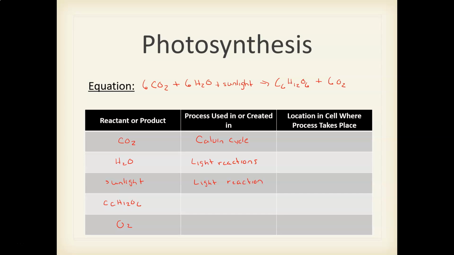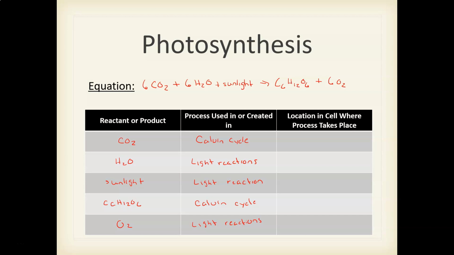And then we have those products, the glucose, C6H12O6, as well as the oxygen. So where do those get produced? Well, the glucose comes out of the Calvin cycle, really in the form of G3P, but can then be put together to make glucose. The oxygen comes out in your light reactions.